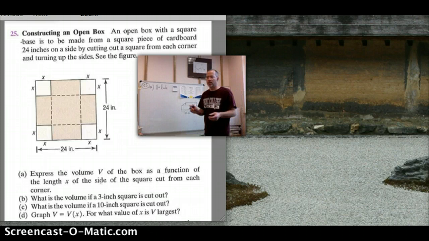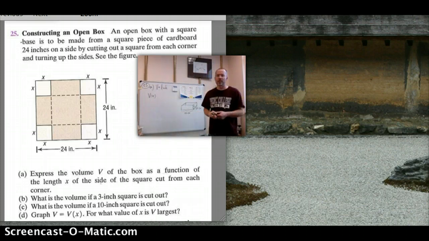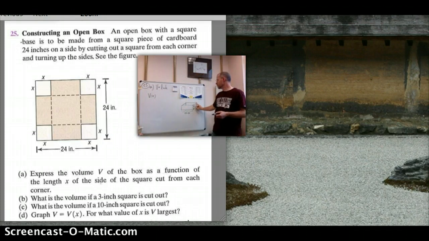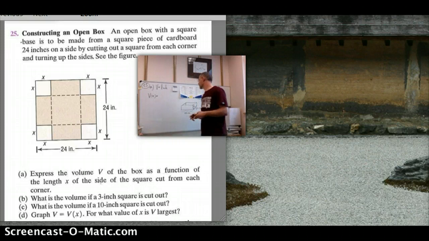And recall again that it might be helpful, besides using capital V to stand for volume, to make sure you're understanding that the input variable should be this dimension, this height x. Okay, so V of x. I need to enter the length and the width and the height all in terms of x.